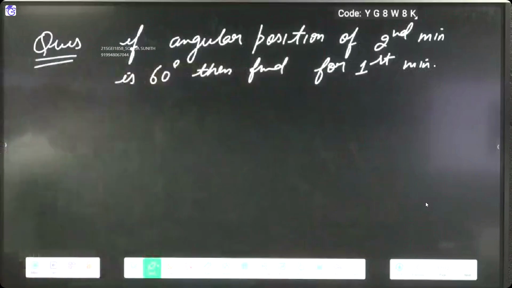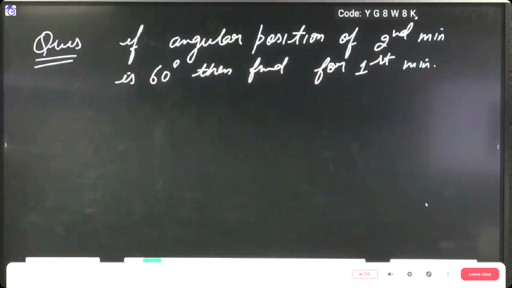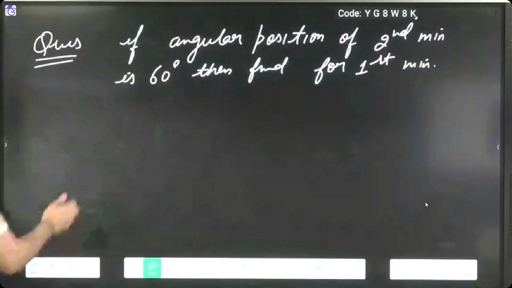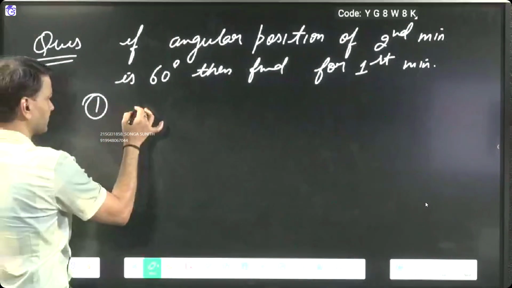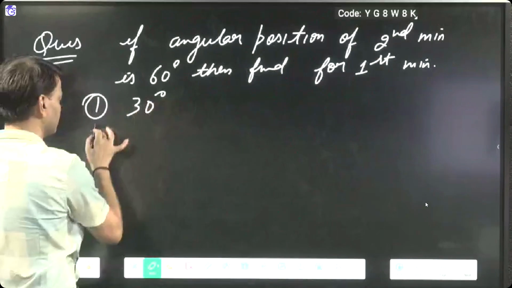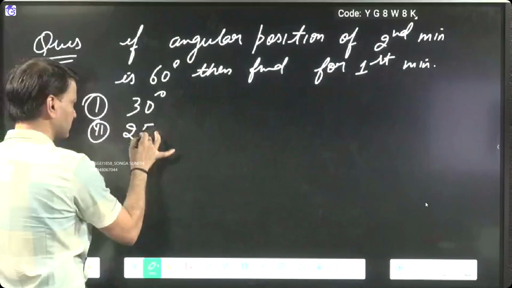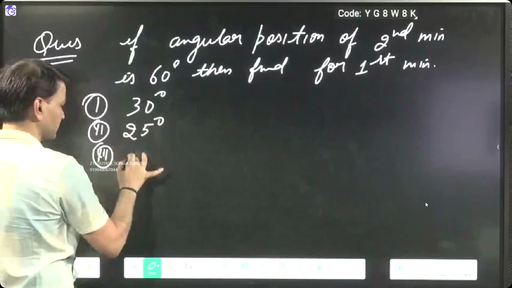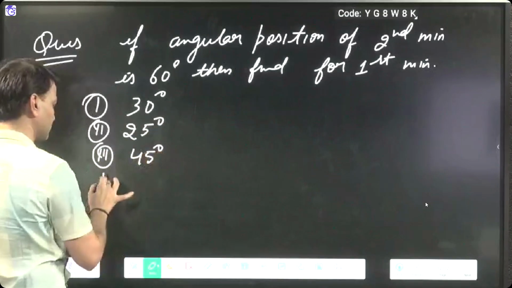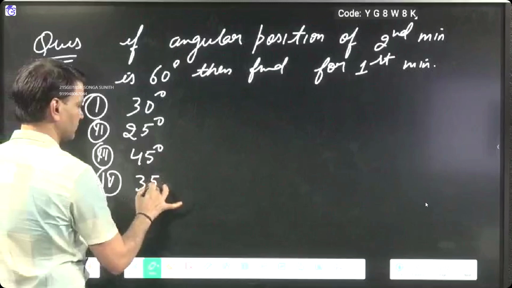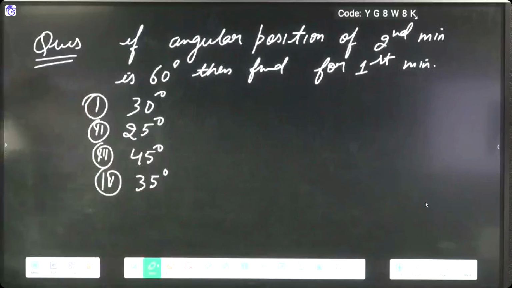If the angular separation of the second minima I gave, I'm asking the angular separation of the first minima. If the options I am giving, tell fast, what is the answer?